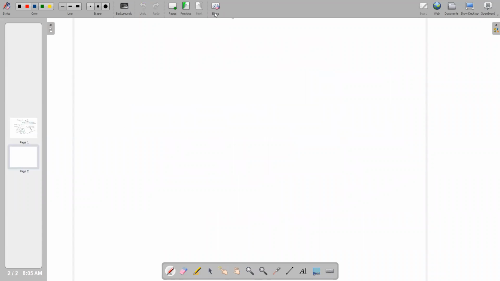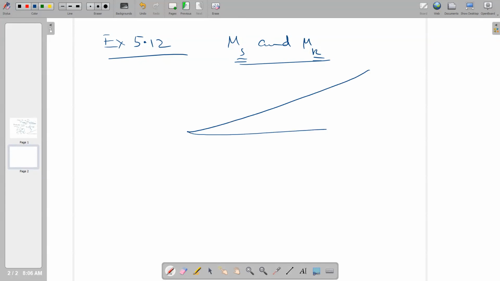Last time we have studied static friction and kinetic friction. Experimentally, this is example number 5.12: experimental determination of mu s and mu k. Mu s is the coefficient of static friction, and mu k is the coefficient of kinetic friction. What he wants to explain in this example is that this is our inclined plane, and this is the body, and its weight is acting vertically downward.